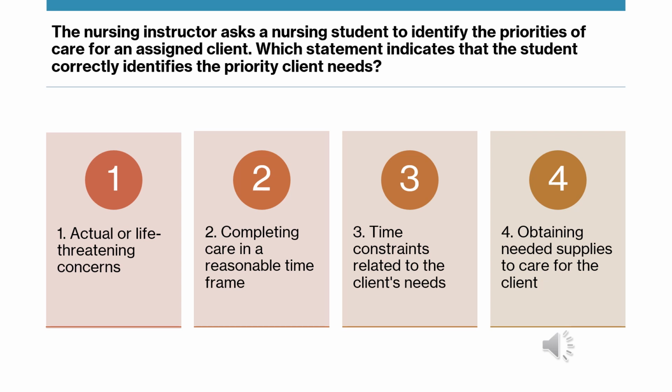Okay, so you may want to go look at my previous video that I recorded on determining priority client needs. It identifies several things you're going to look at when the question asks you, what's the priority? What do you do first? What do you do next? That means what is of immediate concern.